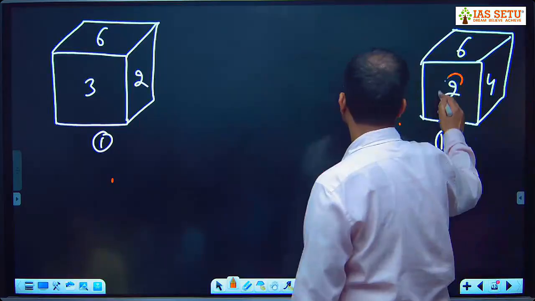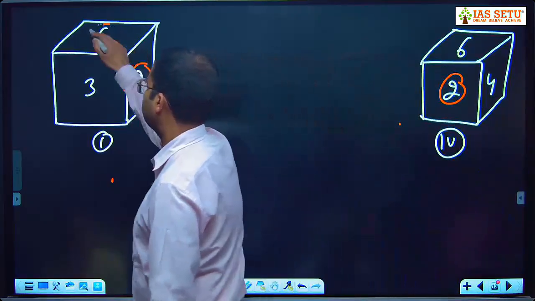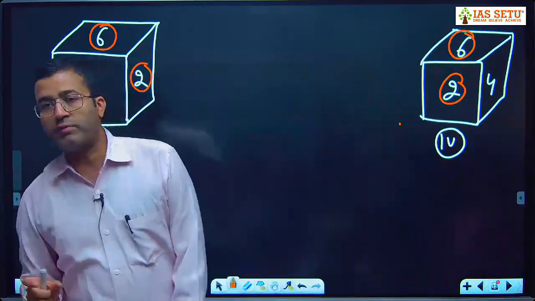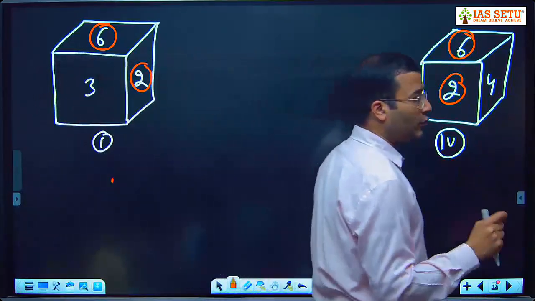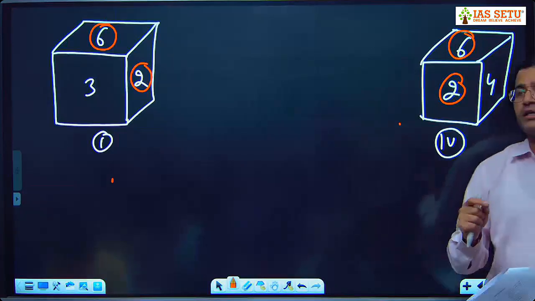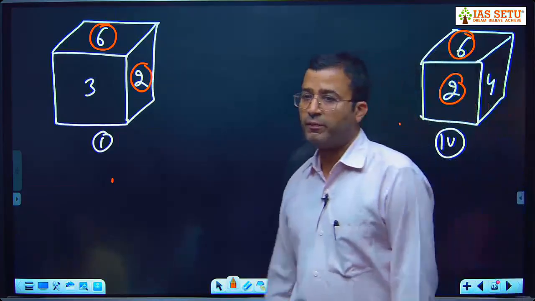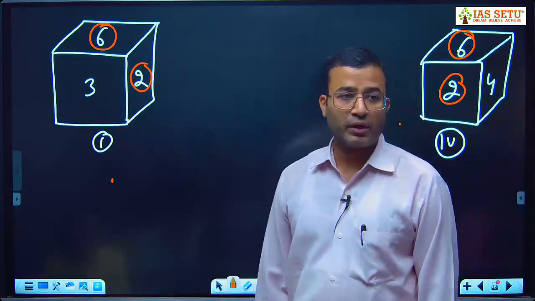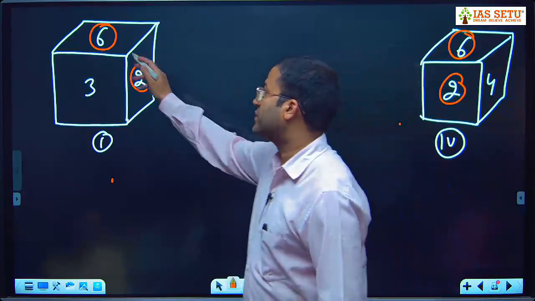Face number 2 as well as 6. And our property is, when we have 2 common faces, we cannot find all the 3 pairs of opposite faces, but we can conclude only 1 pair of opposite faces. Here maybe in that case we can find. So what is important? Common faces you cancel out.